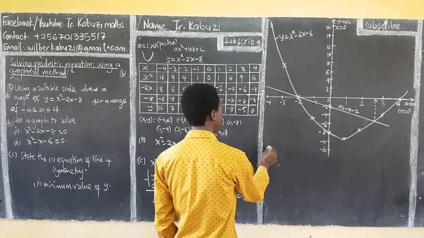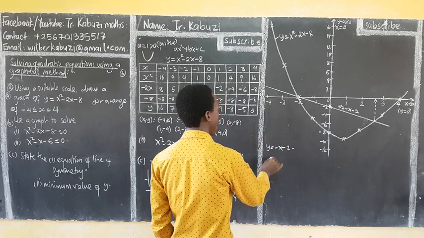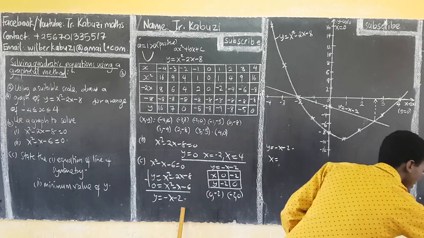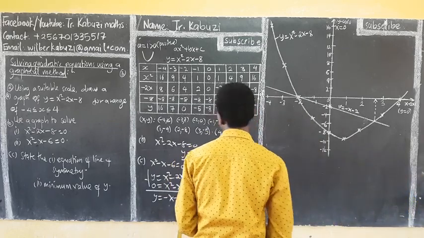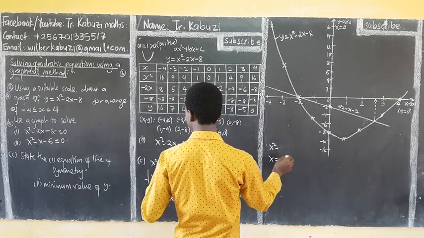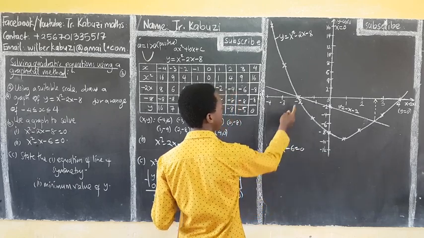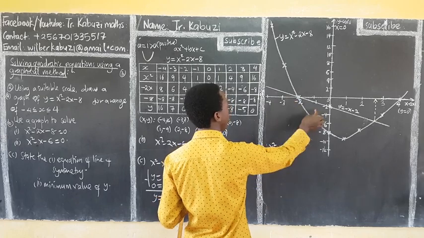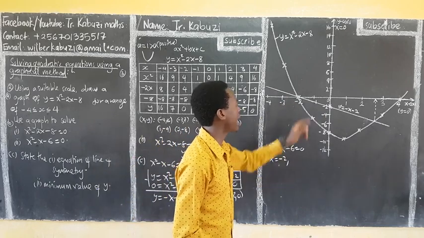Now I'm solving, in simple terms, x squared minus x minus 6 equal to 0. The first root to this equation is x equal to negative 2. Remember this line is generated from this curve, so where it touches it, x is negative 2.